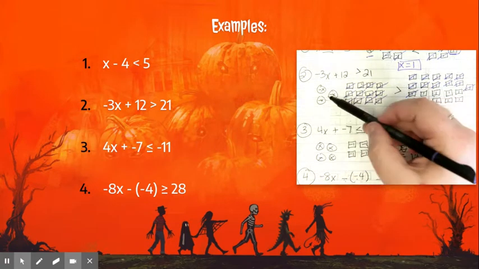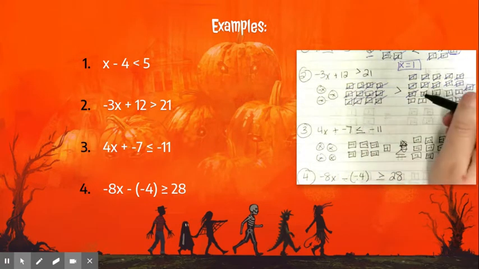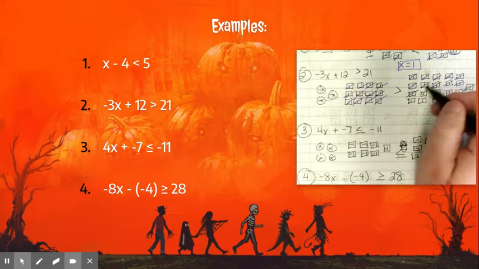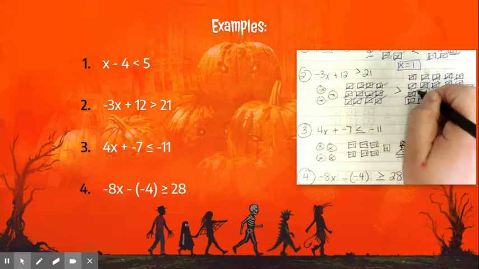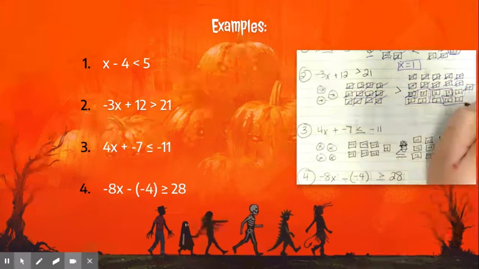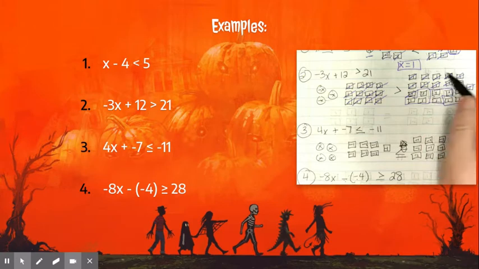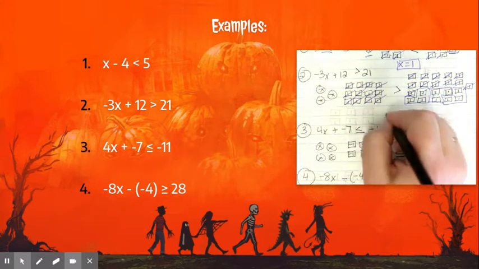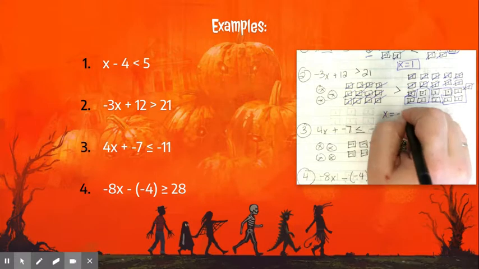Okay, and I have 3 x's, so I need groups of 3. So let's see. 1, 2, 3, 4, 5, 6, 7, 8, 9. So if I need 9 3 times, that means I'm doing 9 divided by 3, which is 3. So 3 groups of 3. That's a negative x, so since these are positive, we're going to switch them to negative to make it x equals negative 3.